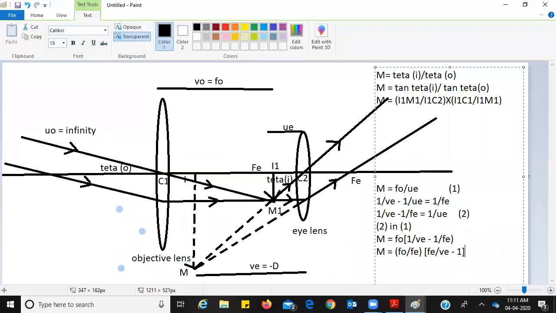Now substitute VE as minus V. So minus FO by FE into 1 plus FE by D, whole minus 1. So minus will come out, right?